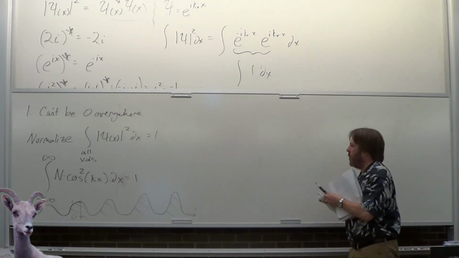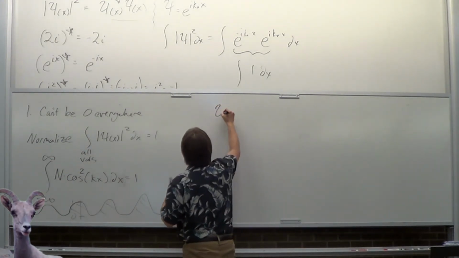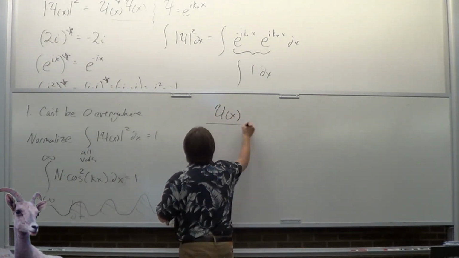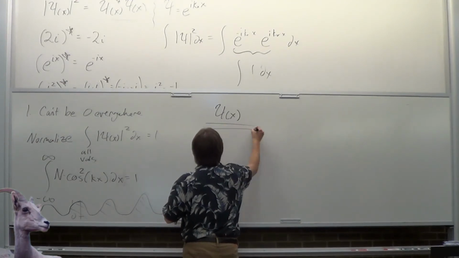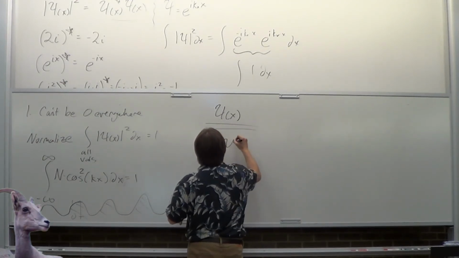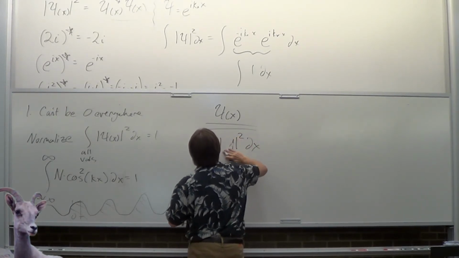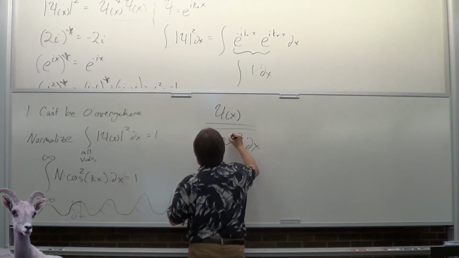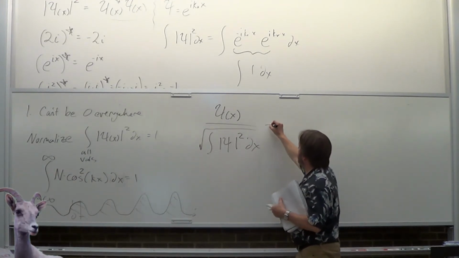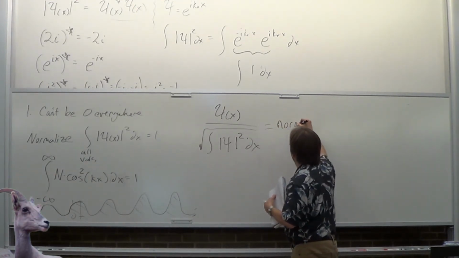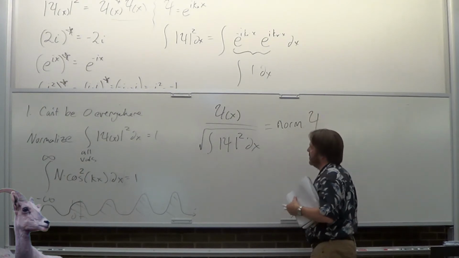So let's write out what a wave function should look like. A wave function should look like some function divided by the square root of the absolute value squared. Okay, so this is a normalized wave function.